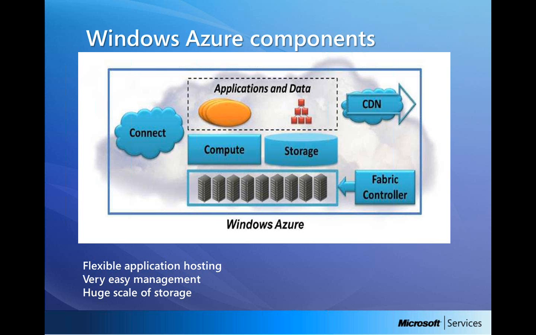I want to talk about this Fabric controller because it plays a very important role in the whole architecture. Compute provides you the compute services, and Windows Azure Fabric, as I told you, is there to manage and monitor your running services. But the Fabric controller is actually playing a very important role.